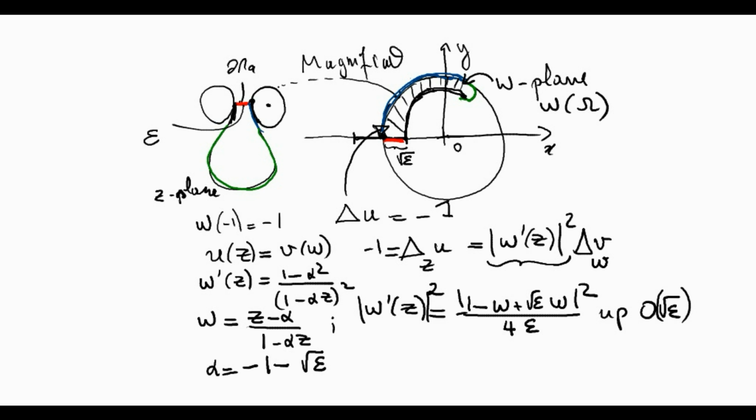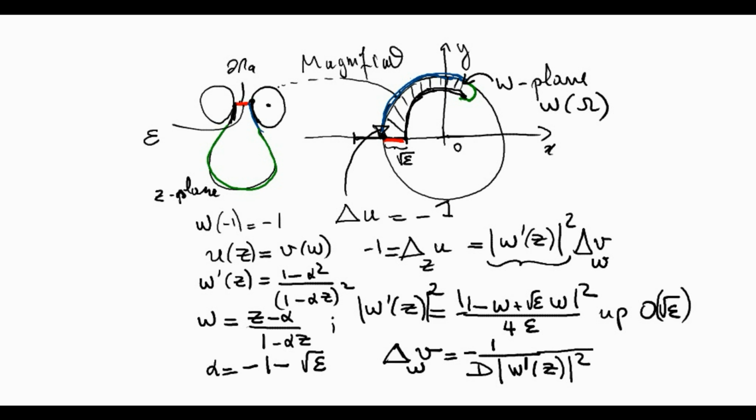So now we're actually ready to look at the equations in this new plane. So let's now rewrite the equation as Laplacian of v of omega equals minus 1 divided by d, and then we have to use this omega prime of z squared.